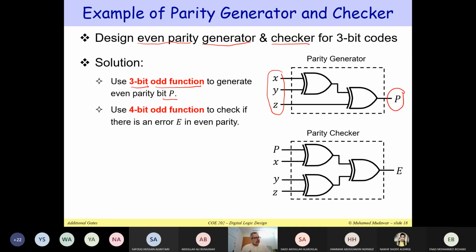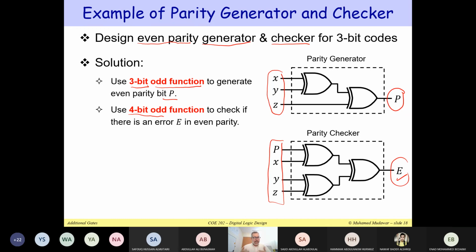Now, for the receiver, the parity checker on the receiver side is going to receive the parity bit in addition to XYZ. So it's going to receive 4 bits, the XYZ plus the extra parity bit that was sent by the sender. Again, we're going to use a 4-bit odd function to check if there is an error or not.